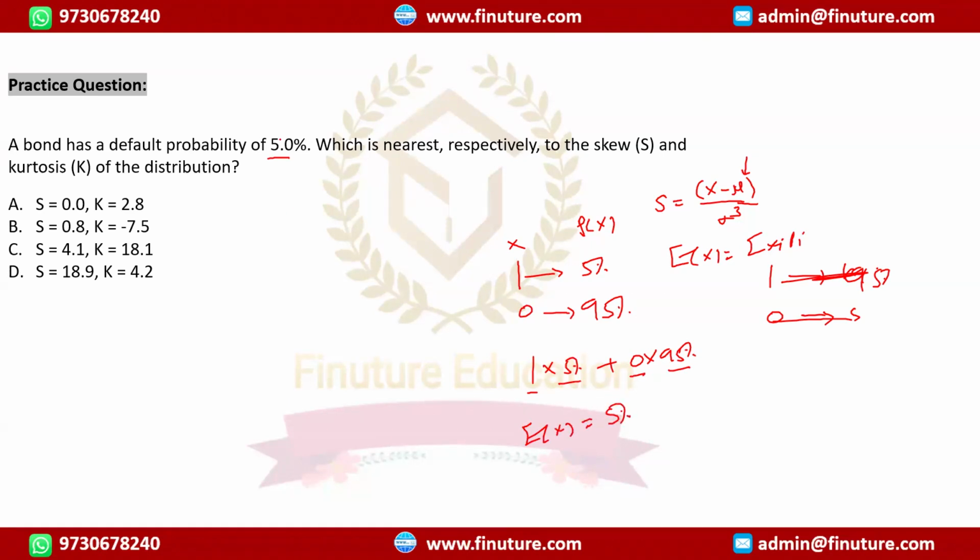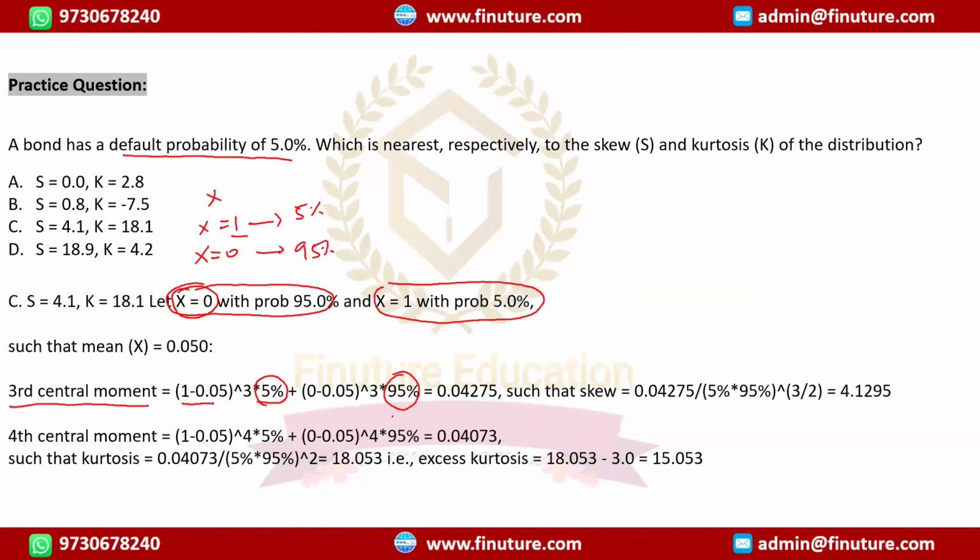So essentially this is my expected value. Let's see what next. They have directly calculated the third central moment, so let's also calculate the central moment. We calculated mu, or expected value. It's one and the same thing.